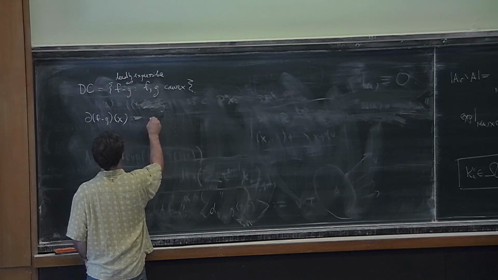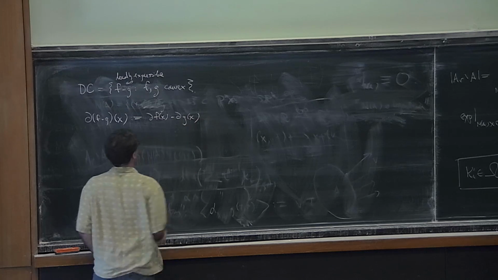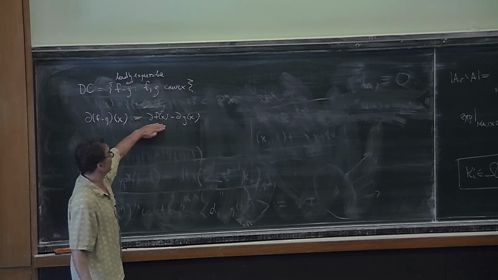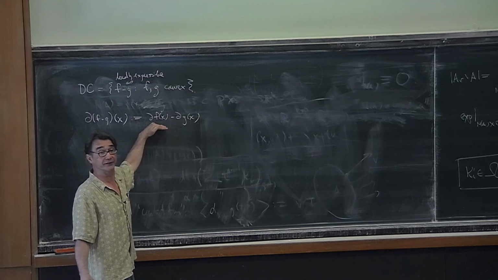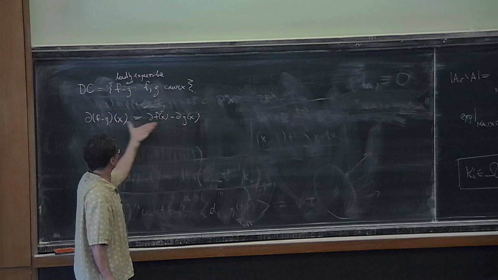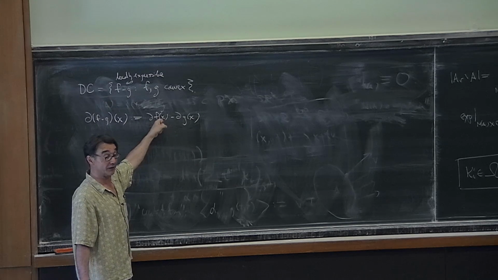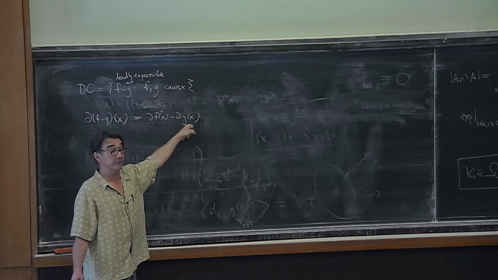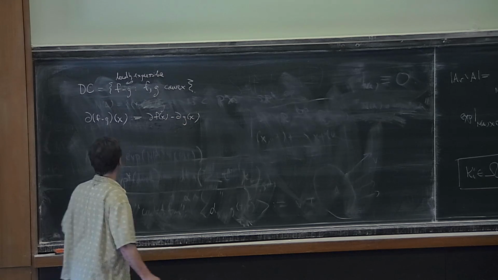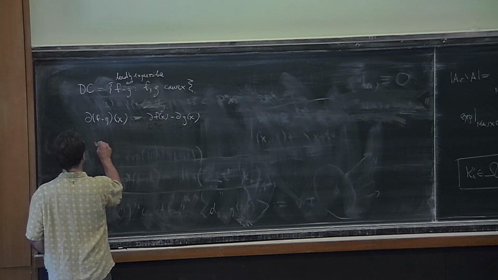So I'll define this as the difference of these two convex sets. What does this mean? This is the Minkowski difference, if you will. These are both convex sets. This Minkowski difference is a new convex set consisting of all differences of elements here and elements here.